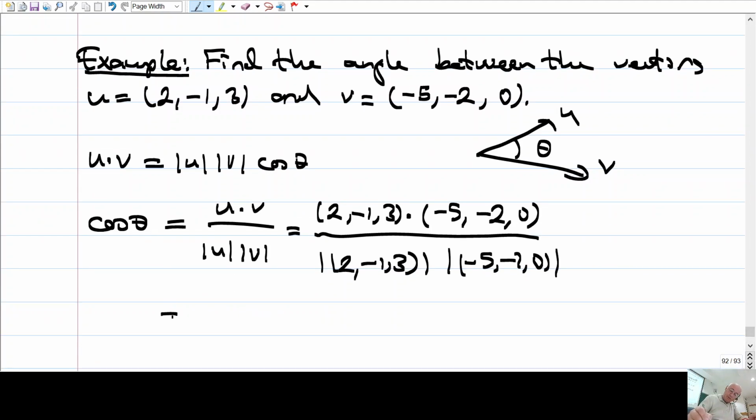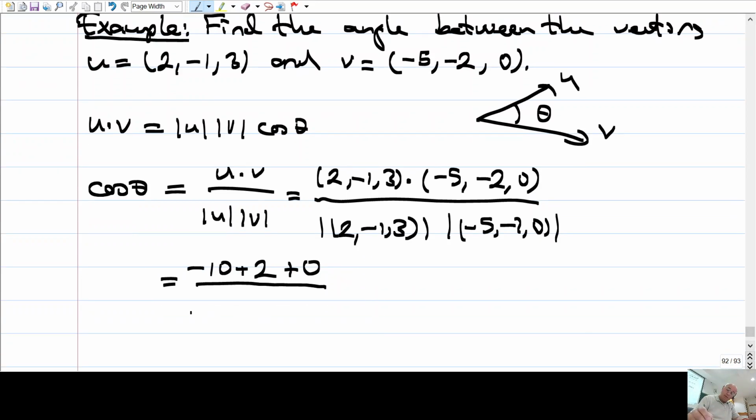So the numerator is just minus 10 plus 2 and 0, and then norm of this is 4, 1 and 9, right? Length of this vector, and then length of this, 25 plus 1.